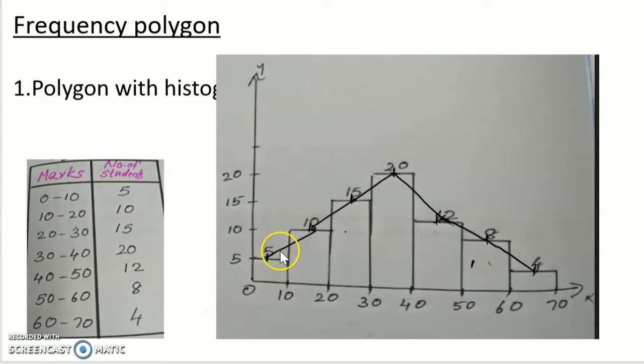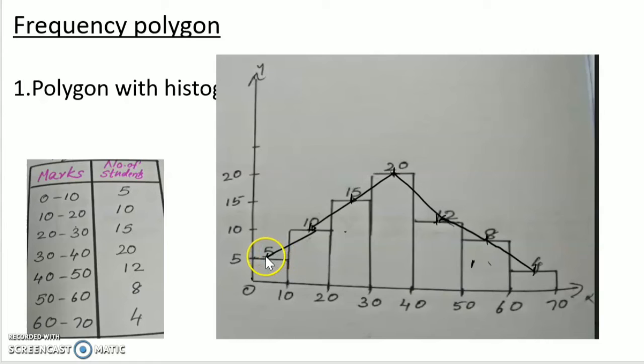Why we are extending is because while joining the midpoints, you can see some areas would be excluded, but some other areas get included. You can see here, this area got excluded and this area got included. Okay, and here you can see one extra area got excluded from here.